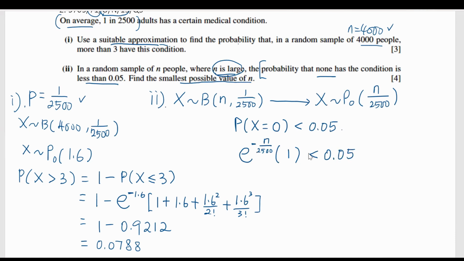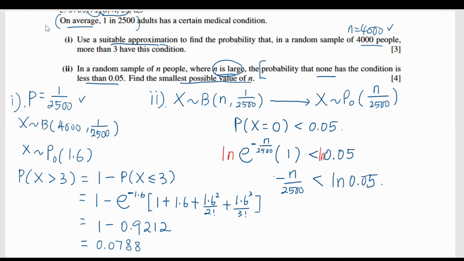In order to solve this inequality, what must we do? We need to bring down the power, negative n over 2005, and hence in this case we have to put ln on both sides. By using ln on both sides, you can bring down the power, and ln e equals 1. So ln 0.05.